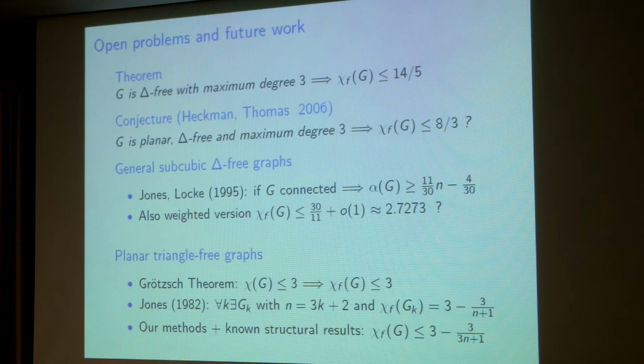And that's what the methods we used for this theorem, together with some structural results that are mainly coming from Bernard and Zdenek, allowed us to show. Here one can see that the bounds between the construction of Jones and our upper bound are just a factor of 3 from each other in the error term.